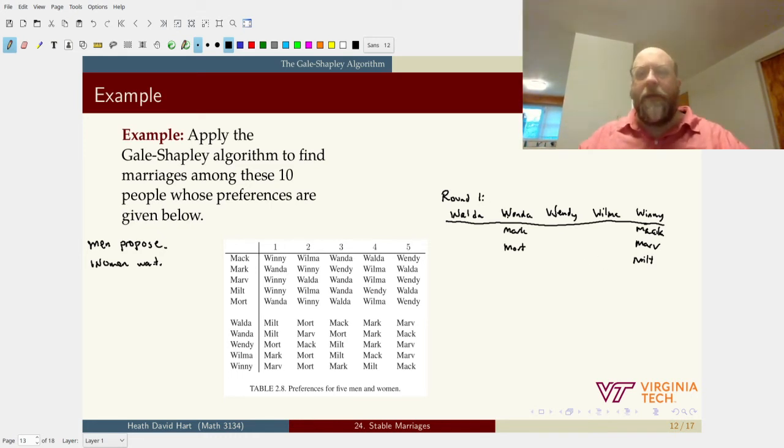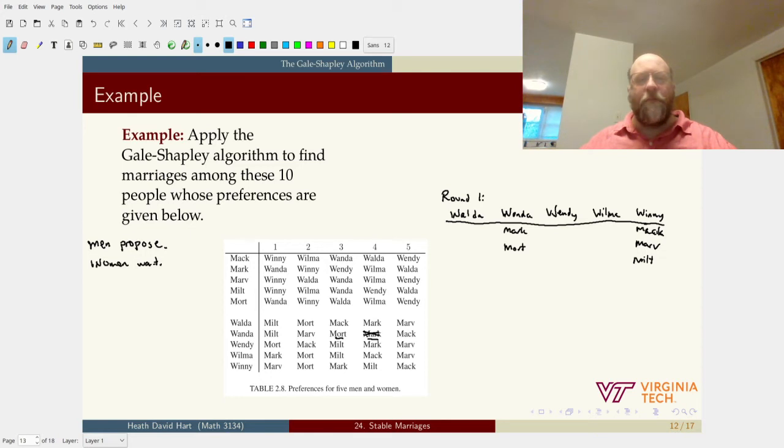And the women get to make a choice out of their potential suitors. So Wanda has to make a choice between Mark and Mort. So here's Wanda in the second row. Here's Mark, and here's Mort. Well, Mort is Wanda's third choice, but Mark is Wanda's fourth choice. And so Wanda is going to say no to Mark.